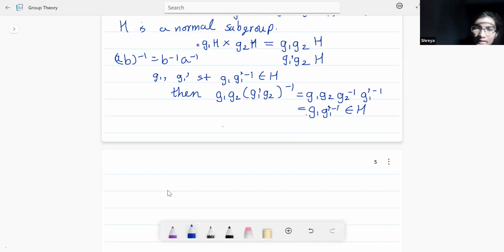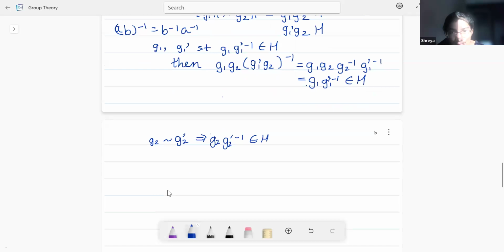If we represent this thing in a different way, then we are good, but we still have to do it here. If we have another G2 prime which is related to G2, in the same equivalence class, then this is saying that G2 times G2 inverse belongs to H.